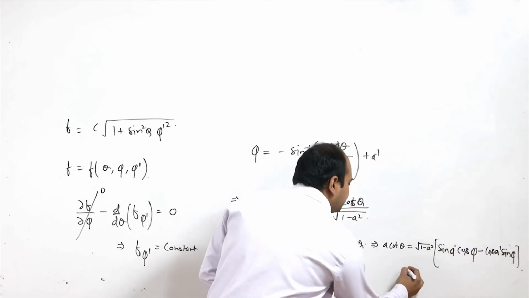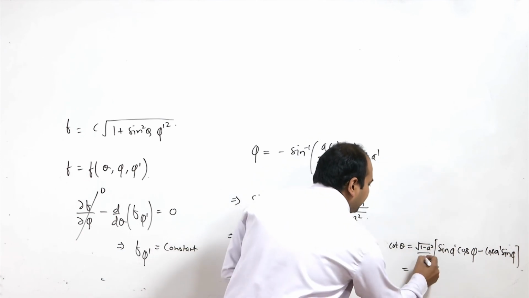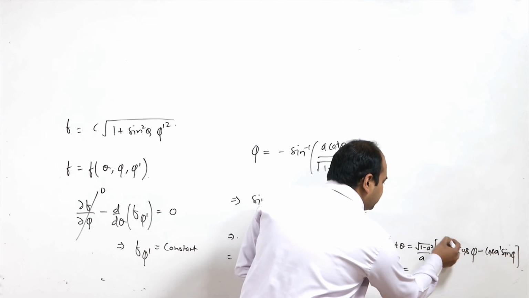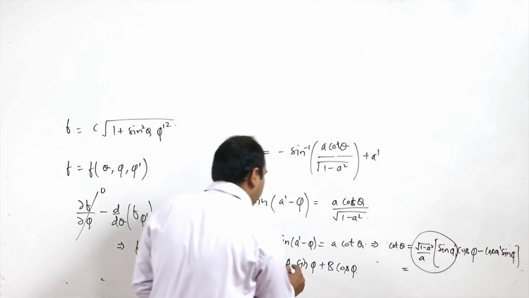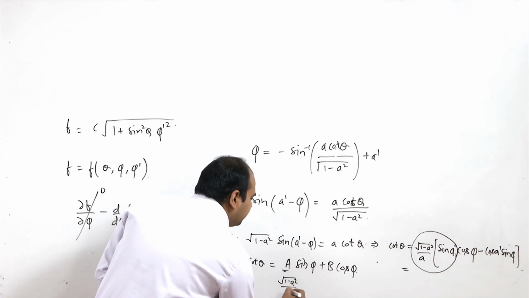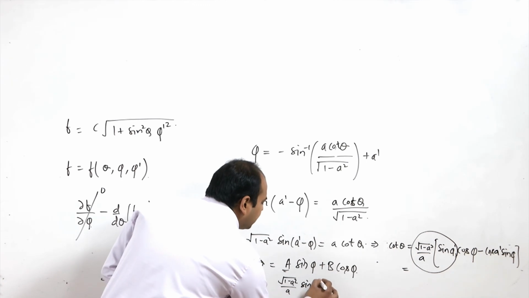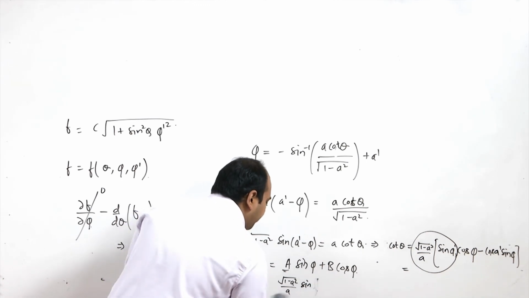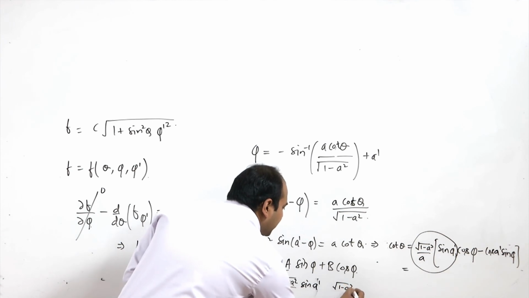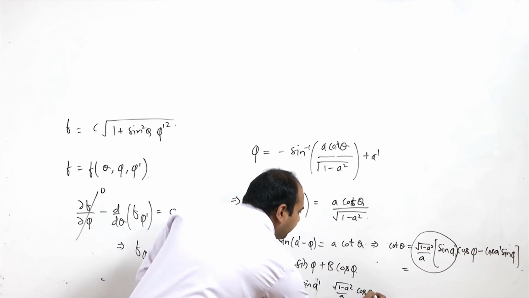So here you can simply divide by a also, and call this coefficient A. So A is nothing but under root 1 minus a square divided by a, into sine of a dash. Similarly, your B is nothing but under root 1 minus a square upon a into cos of a dash.